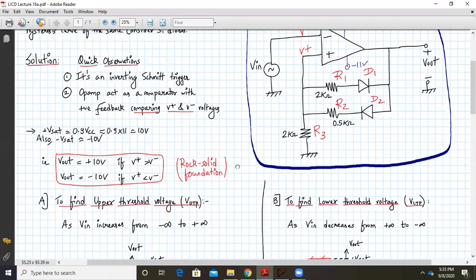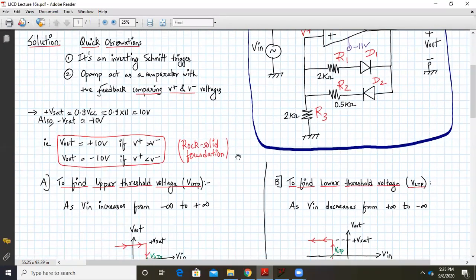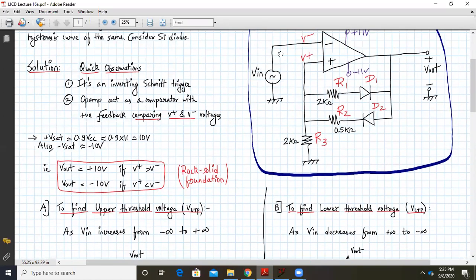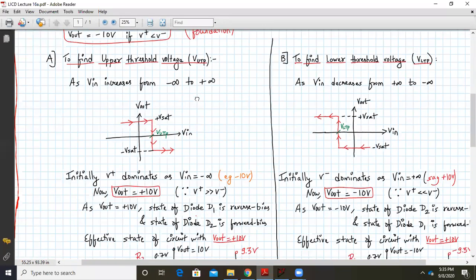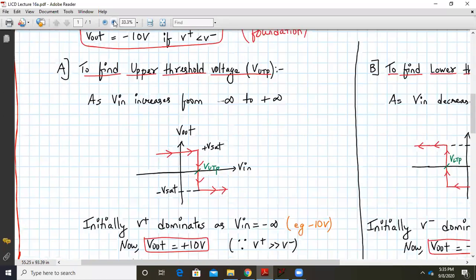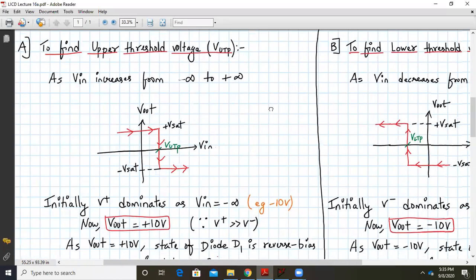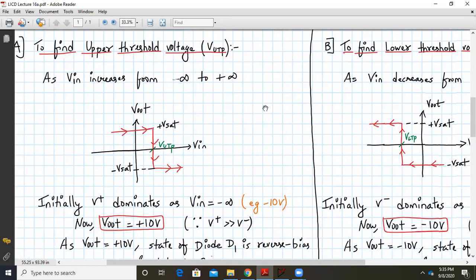In this numerical, to find the upper threshold voltage, that is VUTP, see, it's a sinusoidal wave. It can be a sinusoidal wave or any other wave which is periodic in nature. The sinusoidal wave will start from a negative value, let's say, and go to a positive value. We have already seen before the hysteresis curve for the inverting Schmidt trigger.